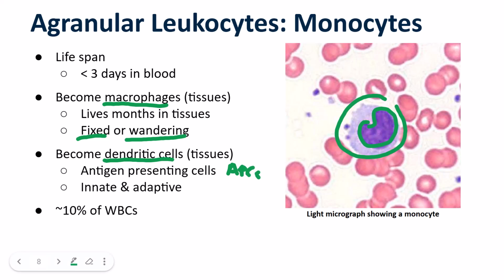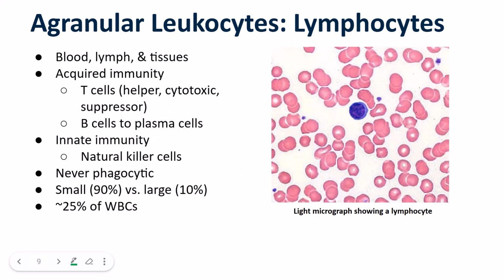And antigen-presenting cells are going to take little bits of destroyed pathogens and present them to lymphocytes so that they can begin to recognize them and become activated for an immune response. So monocytes and their derivatives are very important, not just for innate immunity, but therefore also for adaptive immunity as well. And they're about 10% of all white blood cells.